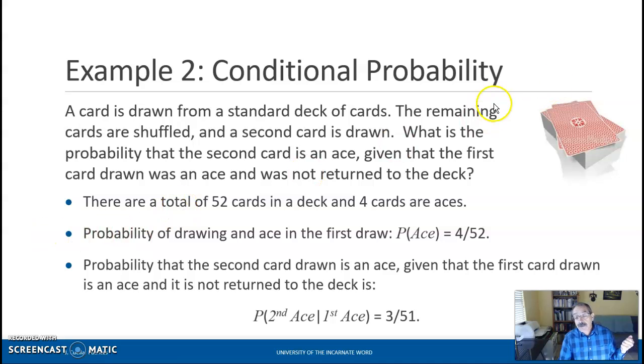Well, now you have only 51 cards left and 3 aces left, because you have 1 in your hand, and so you have diminished the number of cards in the deck by 1. So the conditional probability of getting a second ace, given that you already drew an ace, is of course 3 divided by 51. So this is another example where the marginal probability can come to help you answer a question.